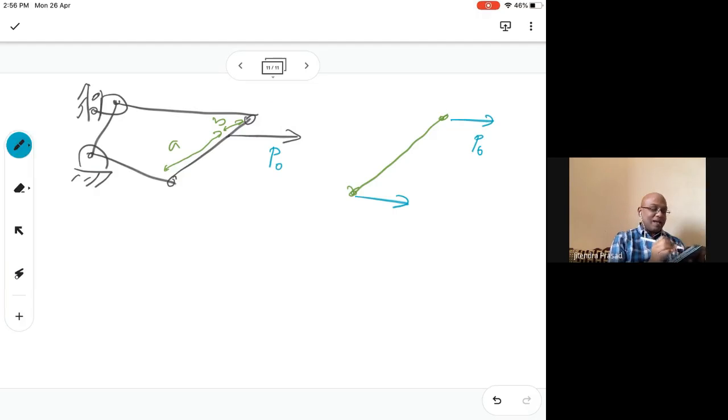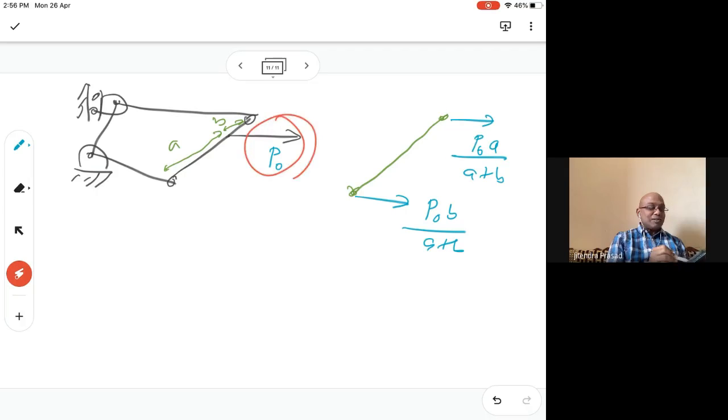Hence this will be P0 times A over A plus B, because A is bigger than B, hence in proportion A will be here, and here this will get P0 times B over A plus B. So you are distributing in a ratio of A and B. Force-wise, the distribution here will be proportional to A, and here it will be proportional to B.